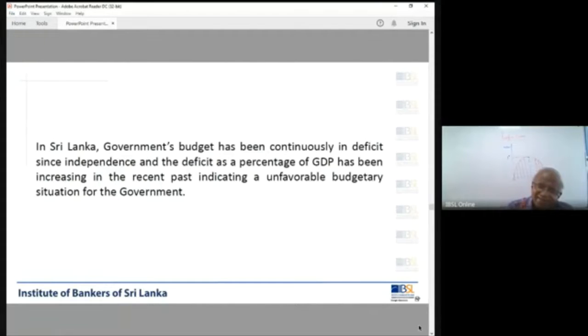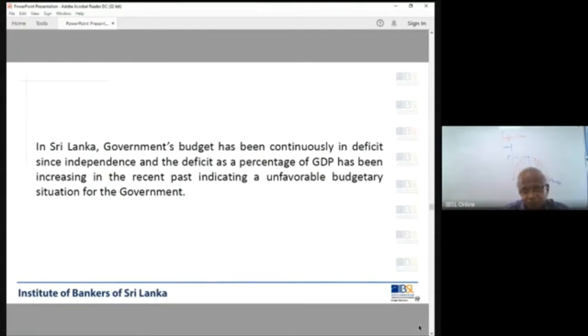They can create money, borrow money from other countries, even at a high interest rate. But individual households can't do that forever. Even the government has been maintaining a deficit since independence. But we can't maintain a deficit in the budget for 70, 75 years.